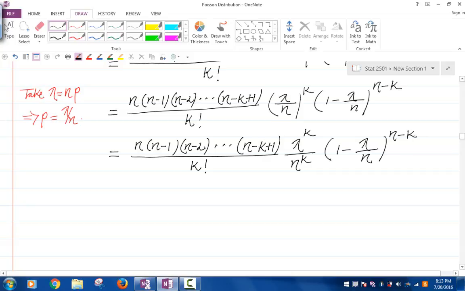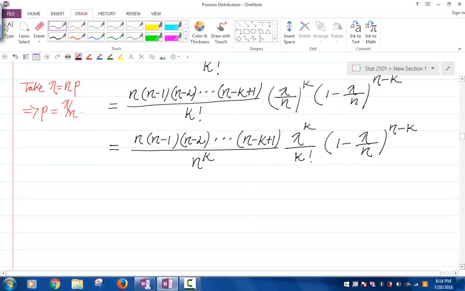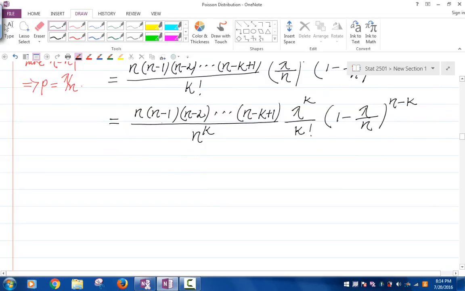At this point I'm going to switch the order of k factorial and n to the k in the denominator. So I'm going to write k factorial here and n to the k here. Now in the numerator of this fraction I have k factors, and in the denominator I have k factors of n. So what I'm going to do is the following.